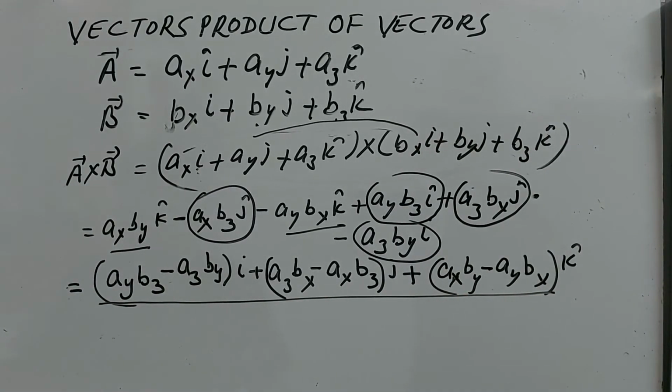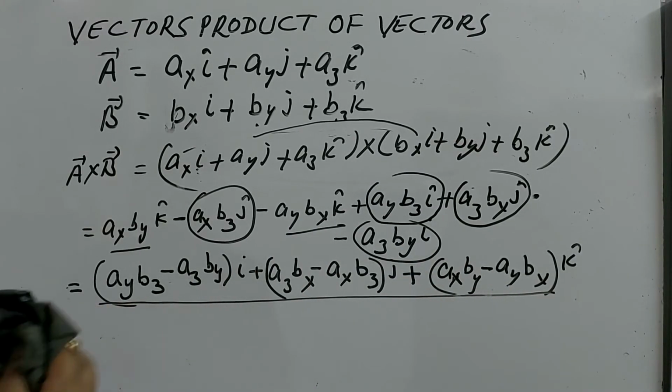Now you can check: ay bz minus az by i cap, az bx minus ax bz, and ax by minus ay bx.